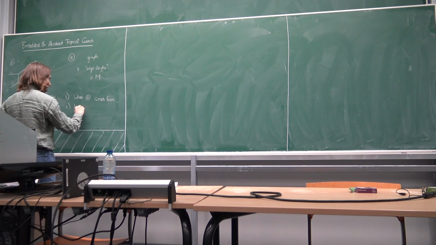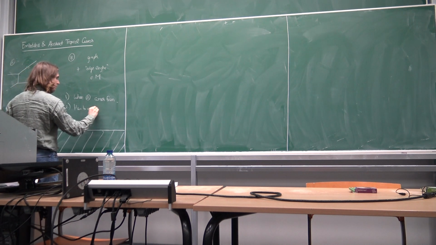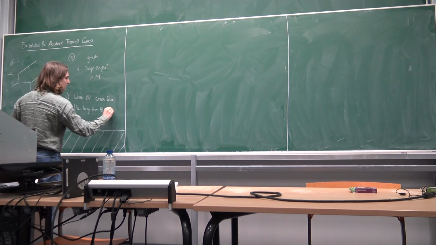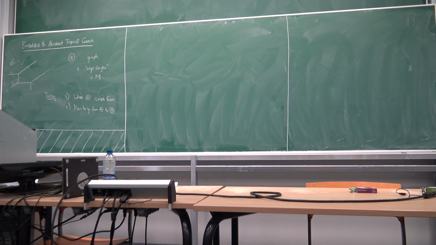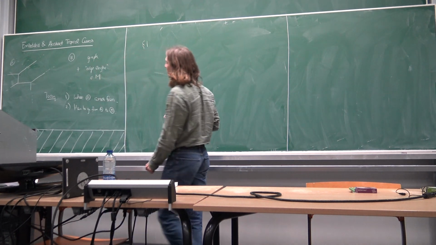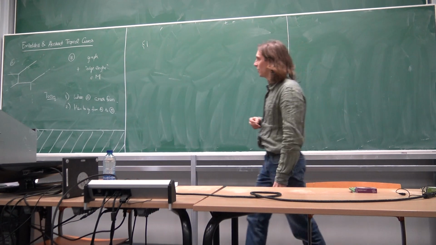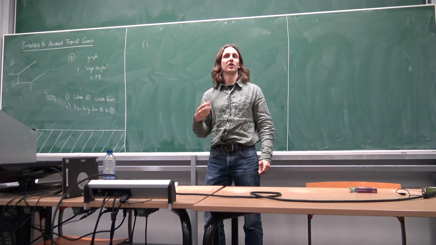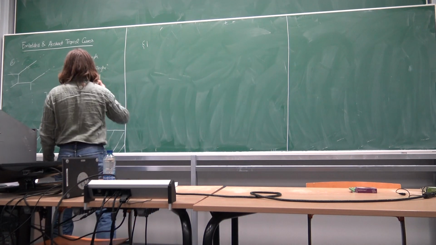So, how to go from A to B. I'm going to start by seeing where they come from via tropicalization of algebraic varieties, in particular plane curves.